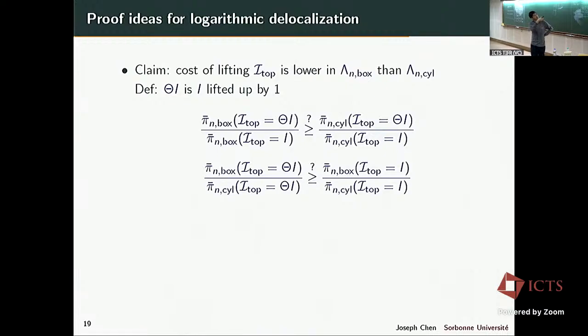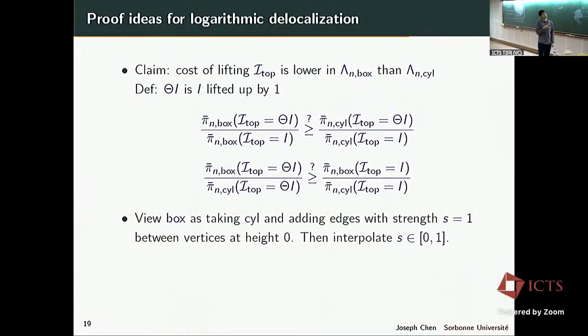This top inequality is saying we should fix a domain and then compare the weight of two interfaces. This is what Dobrushin's cluster expansion form is good for, and that is too hard to work with. So instead, we're going to do a swap and fix an interface and compare its weights under the two domains.